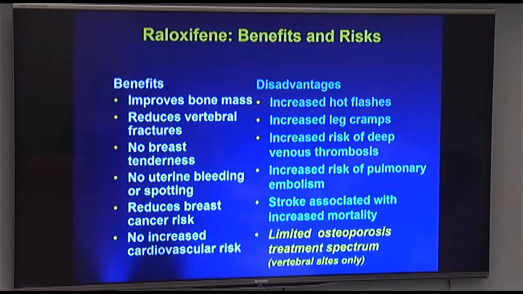Perfect. 60 milligrams once a day. So I think there are patients who would benefit from raloxifene. But in general, we have other drugs that give us a more broad-based efficacy profile. And for our patients who have more generalized bone loss, we're more likely not to use raloxifene. We're more likely to use one of the other drugs.